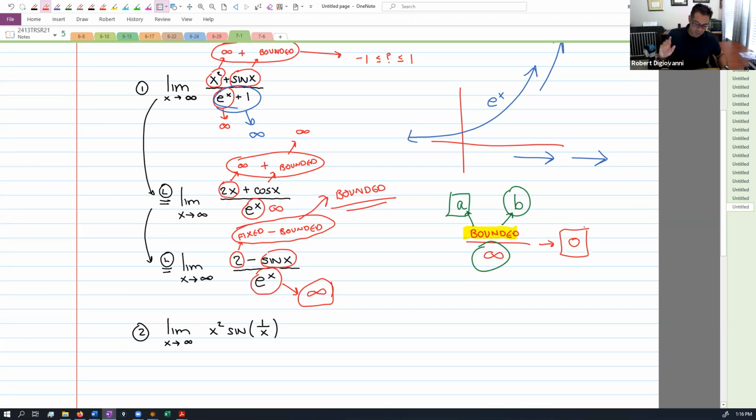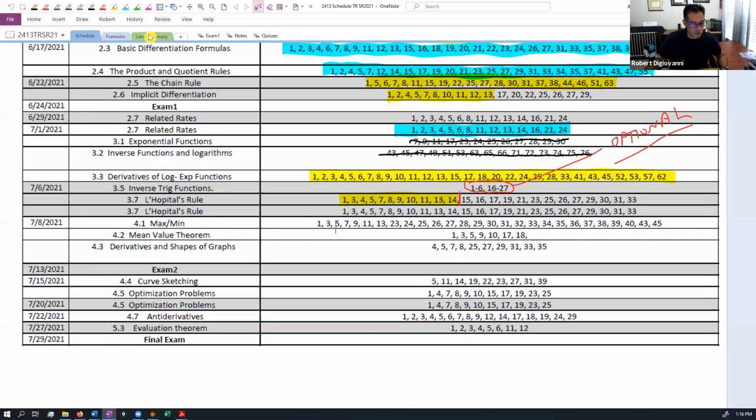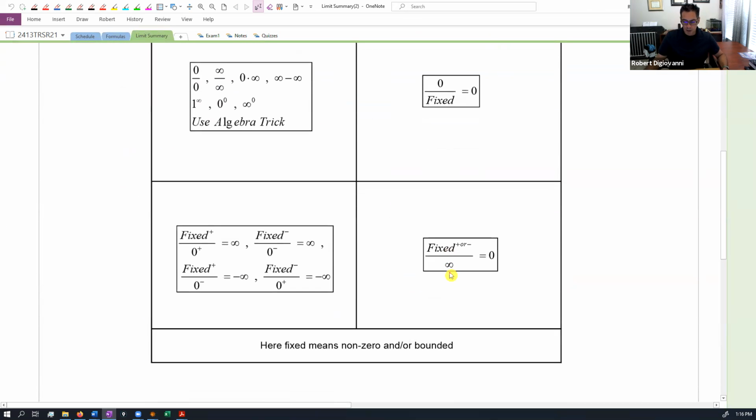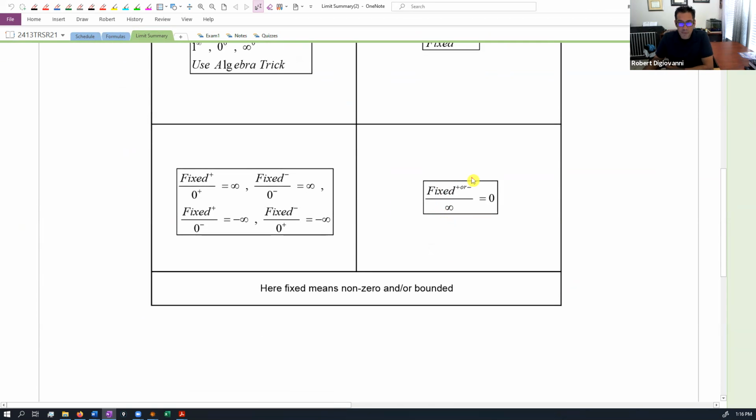Now, I actually included this in the limit summary. You know how I gave you all that sheet? Let me go back to it. This might make a little more sense now. Do you see this right here in this bottom box? I say fixed, positive or negative, over infinity equals 0. If you're taking a limit and you get a fixed number on top, and the bottom is infinity, you get 0. Look what I say down here.